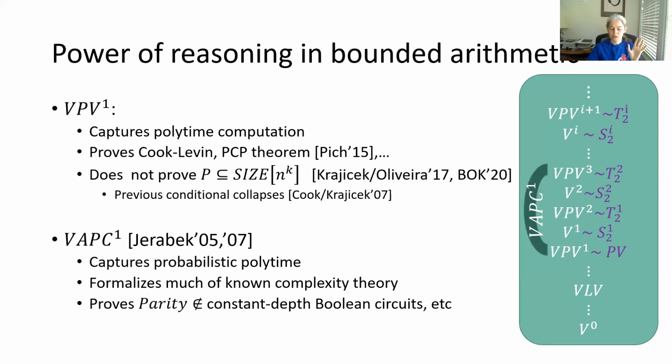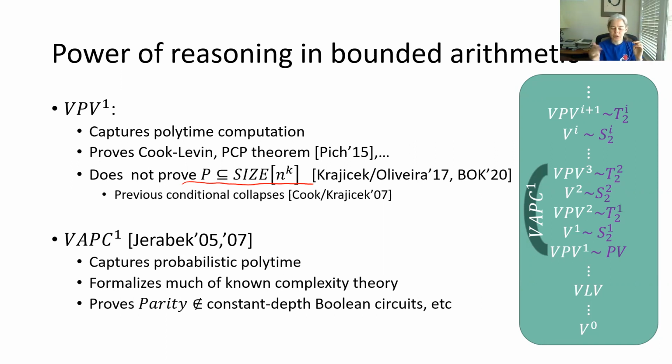Just to say that on one hand, those theories are very powerful. A lot of complexity theory you can already formalize in polynomial time reasoning in PV1. It doesn't prove some of the things, and actually this was the starting point for this work. For example, it doesn't prove that everything in polynomial time has circuits of a specific polynomial size.